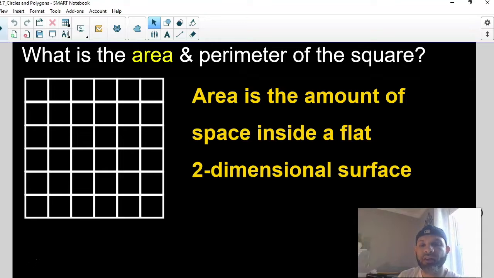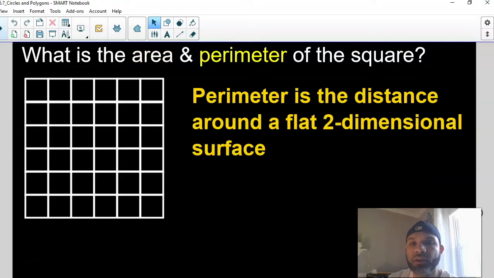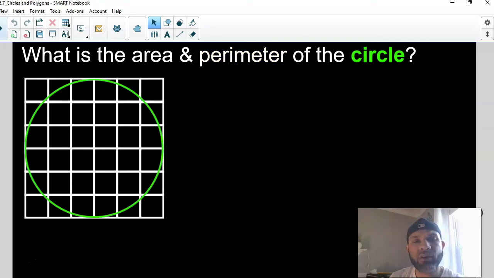What did we do to define it? We said the area is the amount of space inside of a flat two-dimensional surface, and the perimeter is the distance around it. So then we say, well, what is the area and the perimeter of a circle?